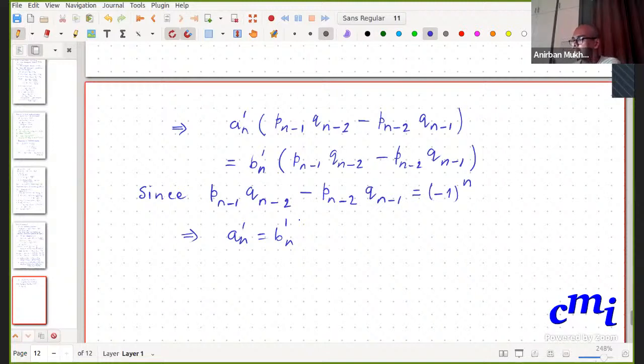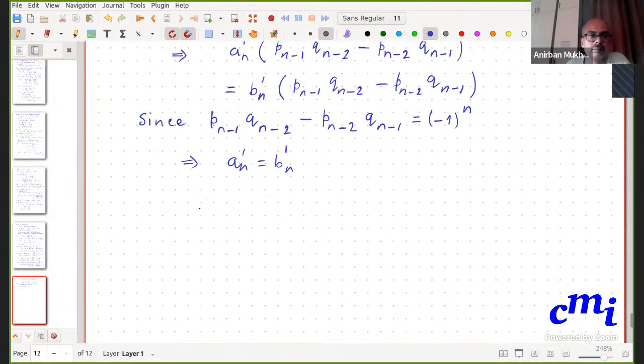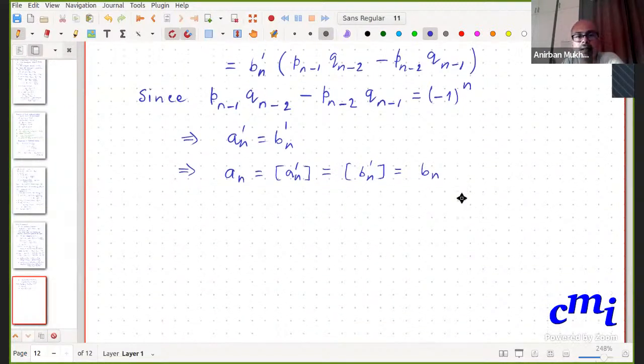And induction proceeds in that way. So what did we prove so far? Oh yeah, it is not over. If they are equal, then again we use the previous theorem to show that an and bn are equal. That is fine. So this is the integral part of an and the integral part of bn. Therefore an is equal to bn. That's what we wanted to do.